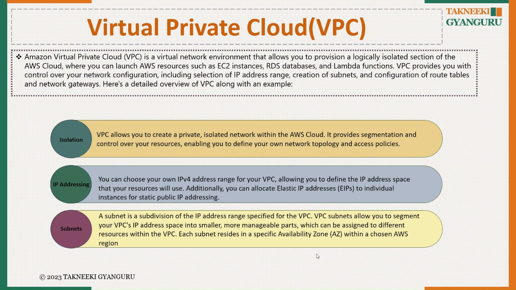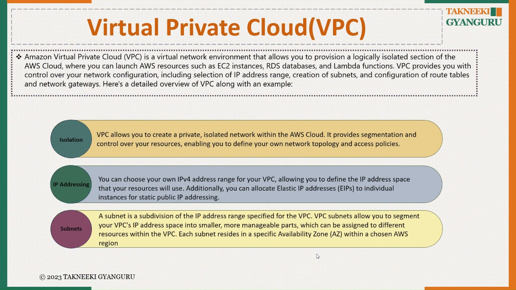Subnets. A subnet is a subdivision of the IP address range specified for the VPC. VPC subnets allow you to segment your VPC IP address space into smaller, more manageable parts, which can be assigned to different resources within the VPC. Each subnet resides in a specific availability zone within a chosen AWS region, right?